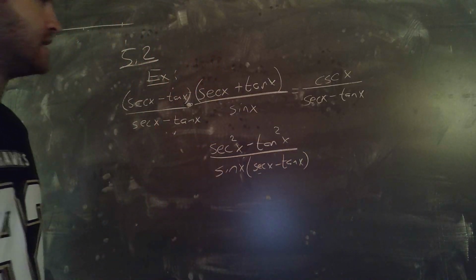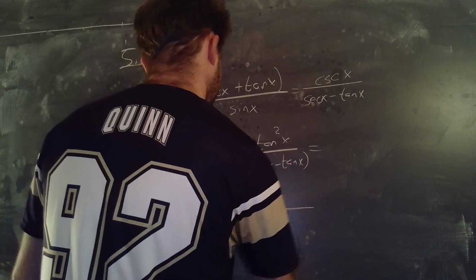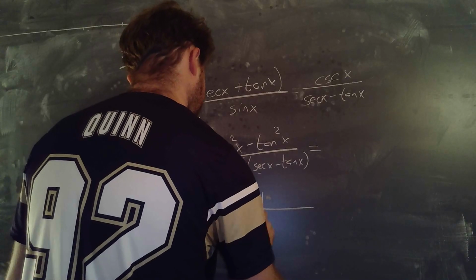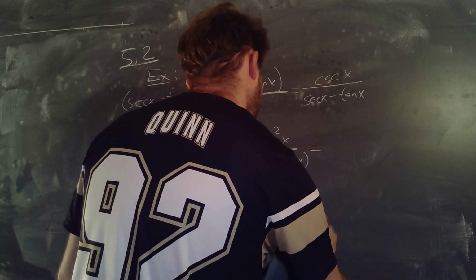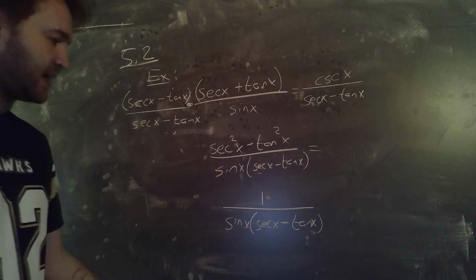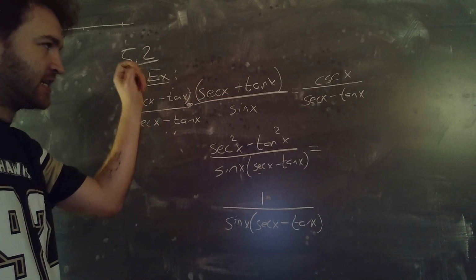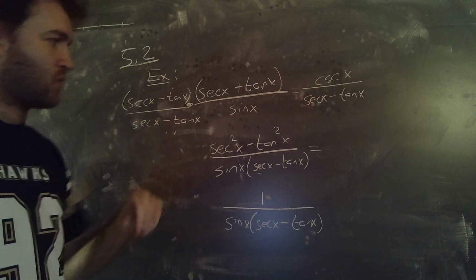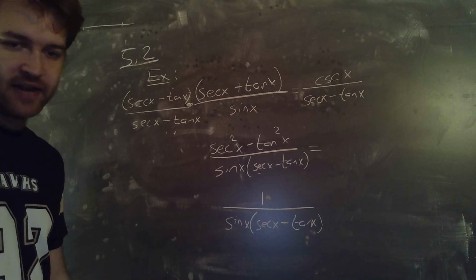But notice that secant squared minus tangent squared is just 1. And I get something that's almost in the correct form. What I've effectively done is I've moved this secant x plus tangent x to the bottom so that it looks like the right-hand side. And the only thing that I have to figure out is how this sine of x behaves.